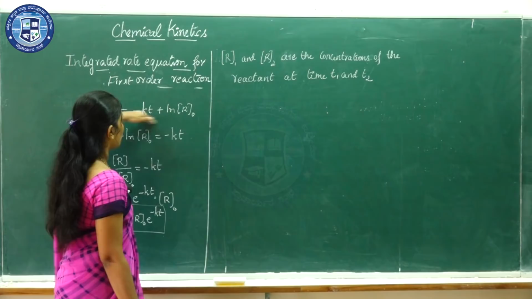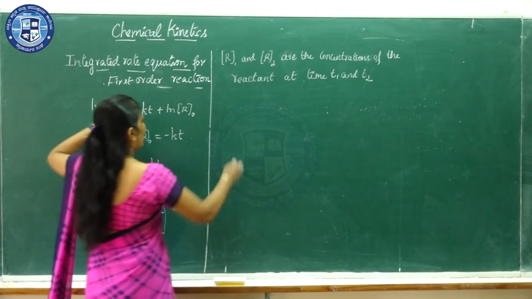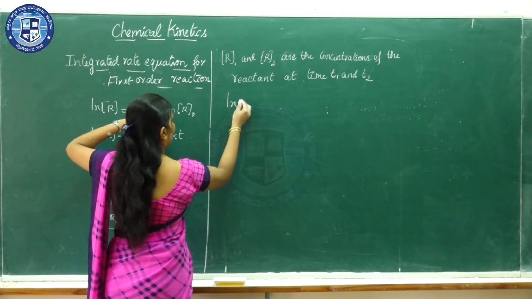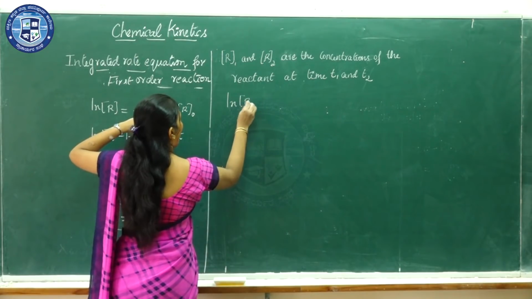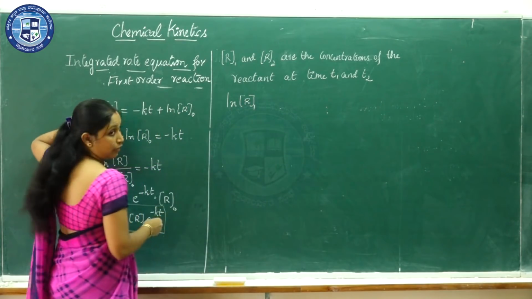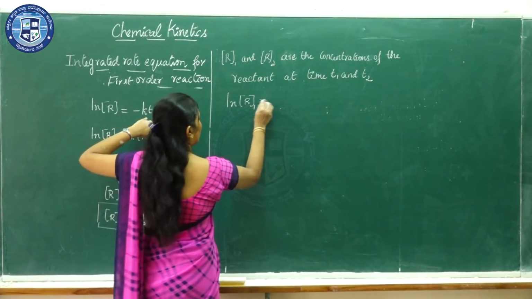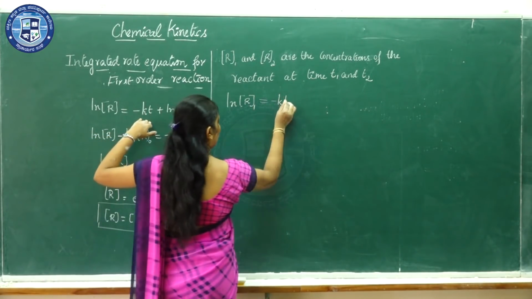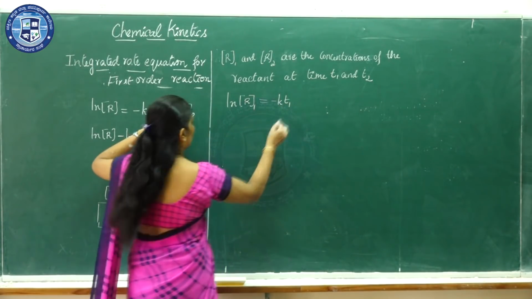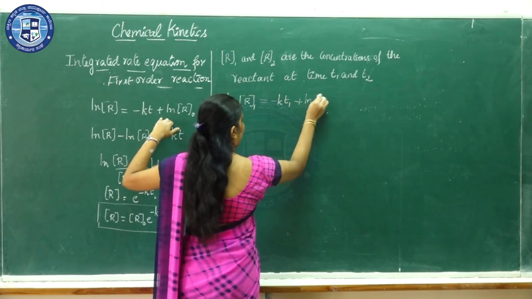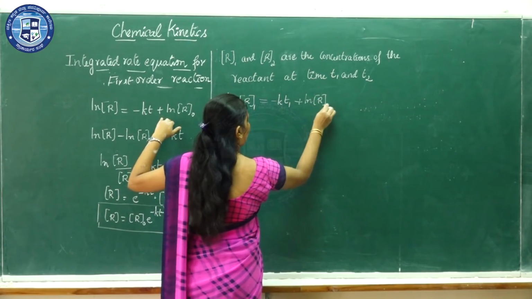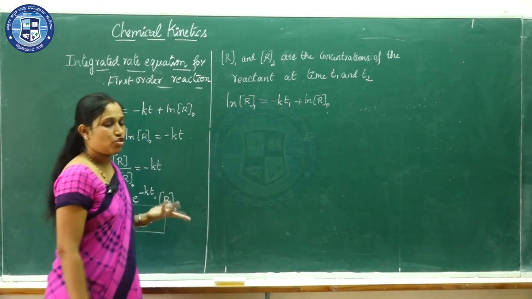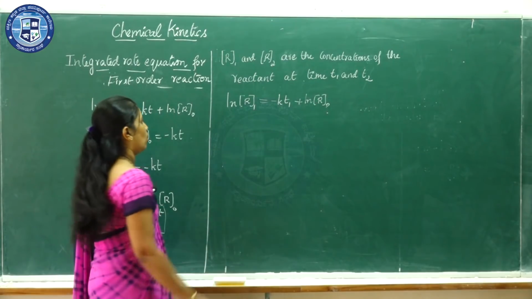Again we will make use of this one. I will substitute here ln, in place of R I will write R1. Then this remains the same: ln R1 is equal to minus kT1 plus ln R naught. It is the initial concentration, so obviously it is the same.